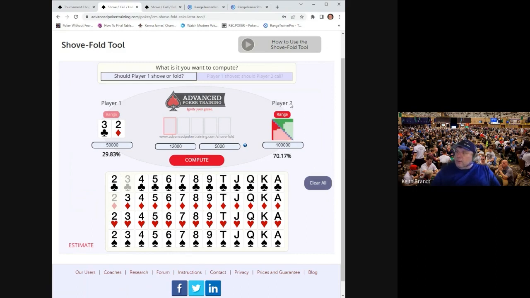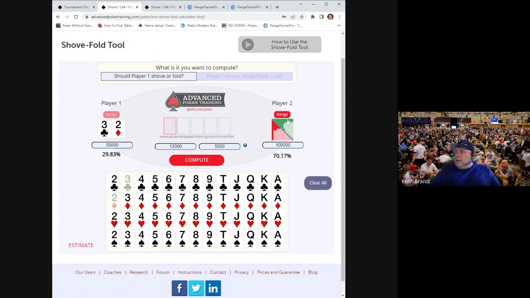And player 2 is in the big blind, so he's already posted 5,000 because the big blind is 5,000. So player 1 owes 5,000 to stay in the hand. That's the part that people get confused with at first. Because if this guy is going to be, say, the button instead of the big blind, you'd put 0 here.